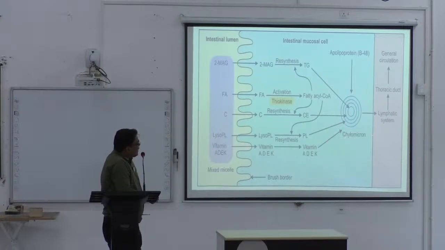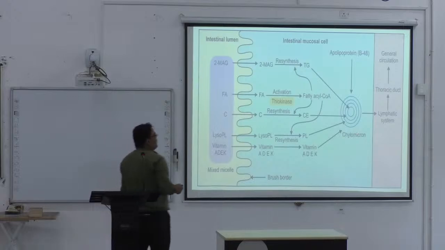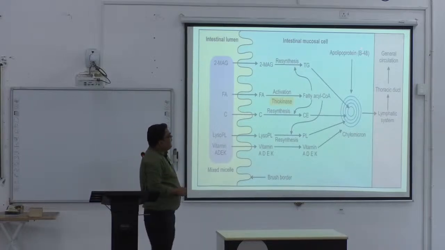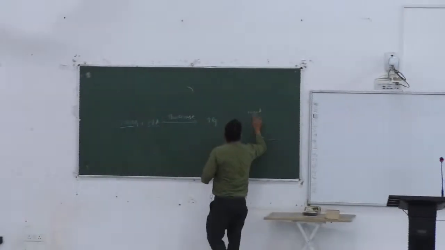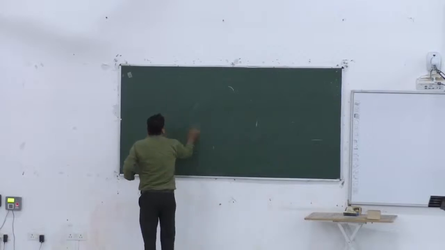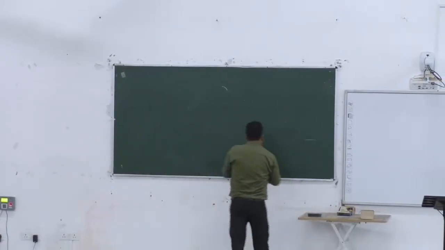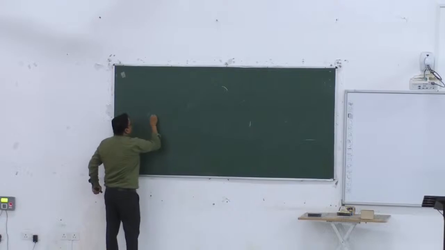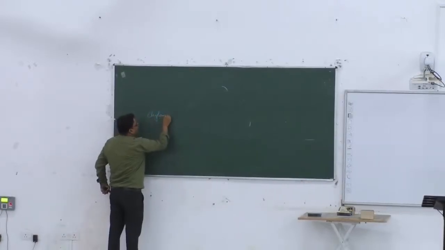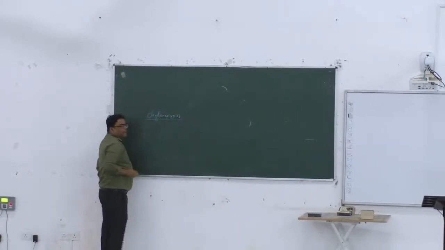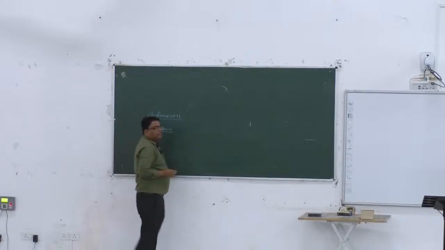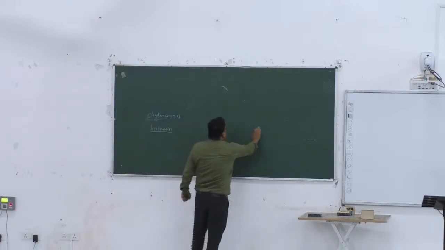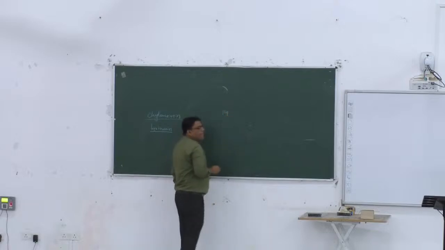And there is the formation of chylomicron, with apolipoprotein B48. Now you understand the meaning of this. Basically it is a lipoprotein, which majorly contains what?